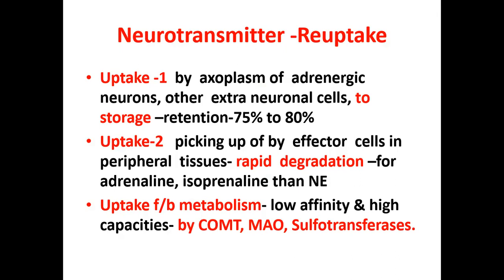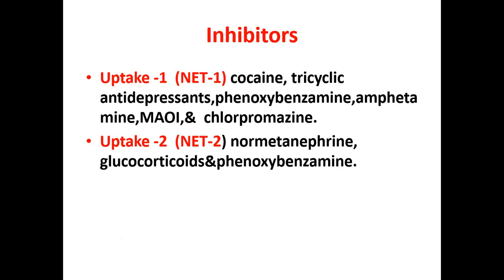Reuptake 2 is picking up by the effector cells in the peripheral tissues, resulting in rapid degradation of adrenaline, isoprenaline and then norepinephrine, followed by metabolism, which is low affinity and high capacity, by catechol-O-methyl transferase, monoamine oxidases, and sulfotransferases.